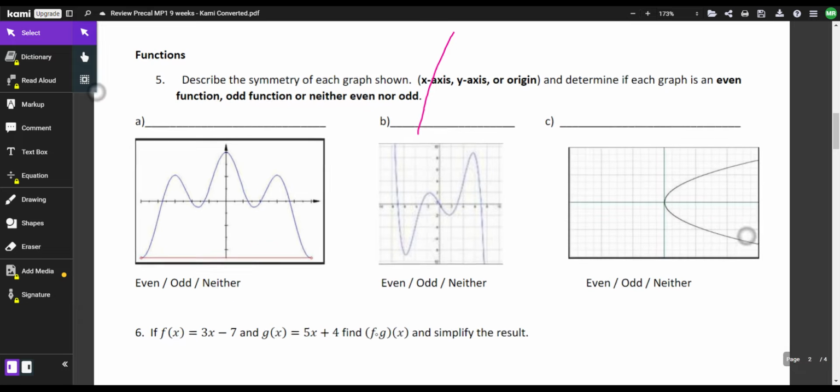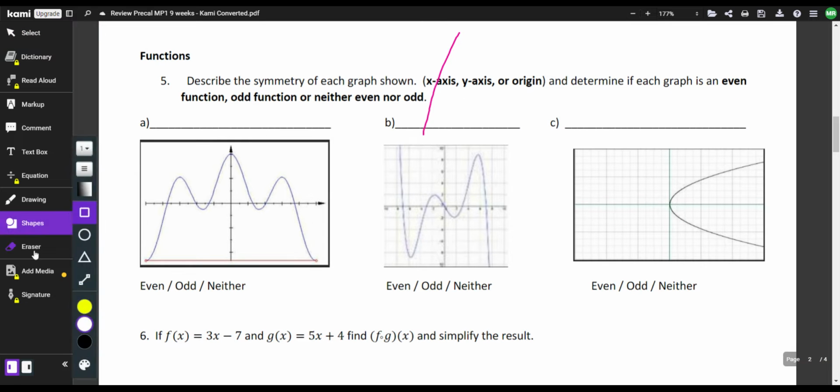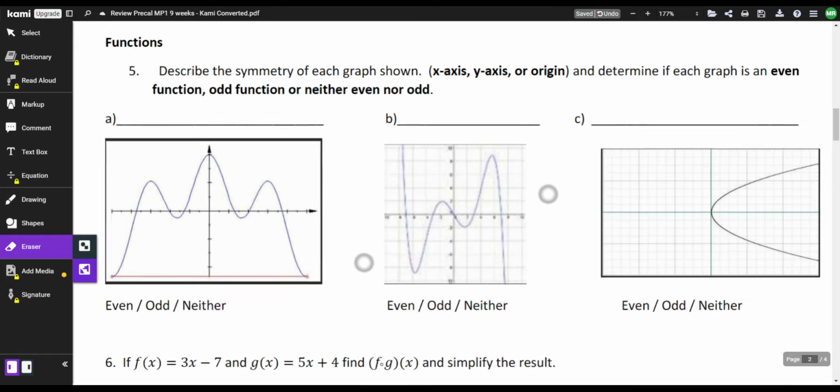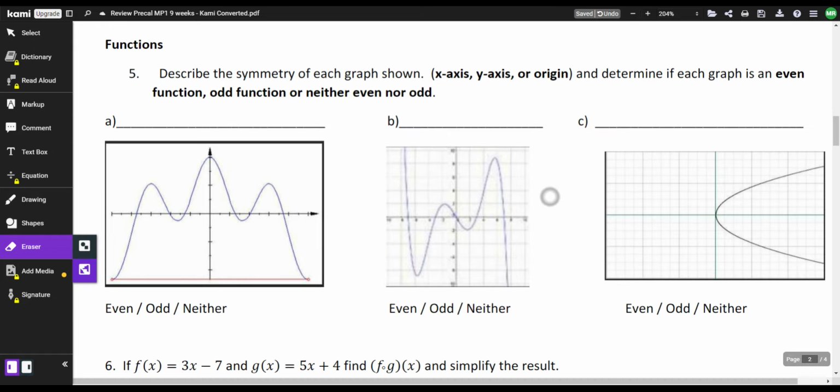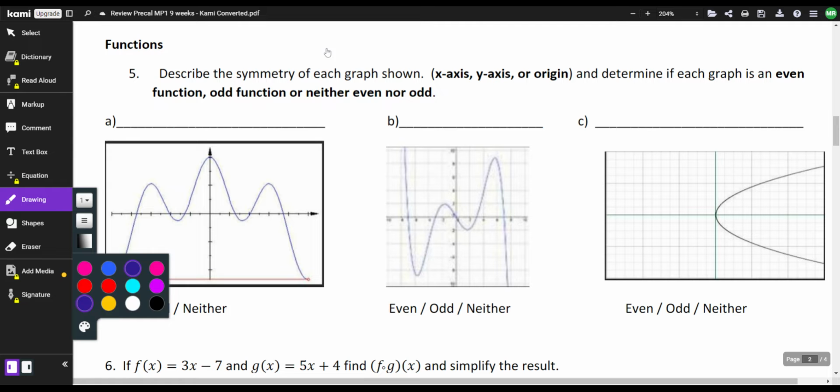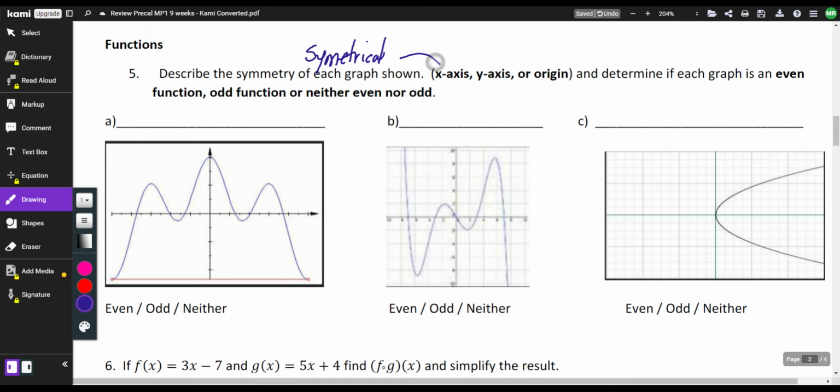Okay. We did talk about symmetry a little bit, and I want to remind you of a couple of things. It's in your notes somewhere, but you have to go looking for it. So let's do this. If something is symmetrical about the y-axis, it's even.